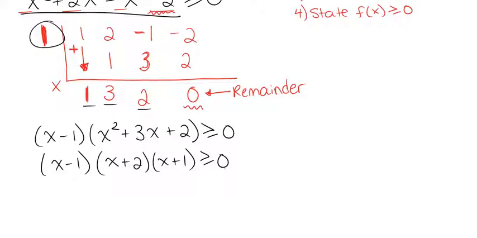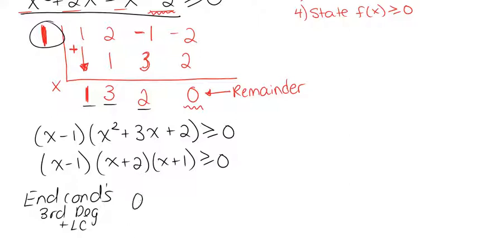Now let's state our end conditions, because we want to graph it. I know it's a third degree polynomial with a positive leading coefficient, so my end conditions are Q1, Q3. Let's give it a rough sketch.